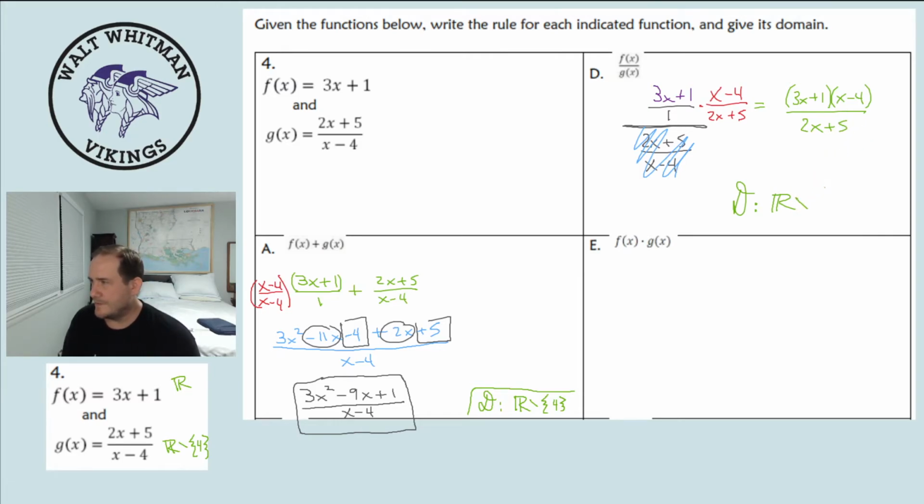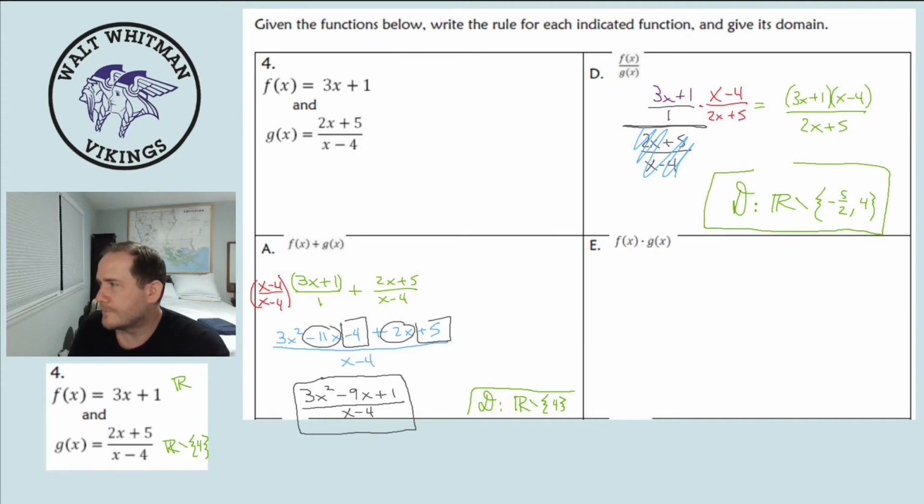So we're going to have to eliminate that. But don't forget, we also need to make sure of what? We also need to make sure that g is never undefined. So that restriction at 4 still pervades. We still need to eliminate that from our domain as well. So we're getting rid of the negative 5 halves because our denominator would be 0 here if we didn't.